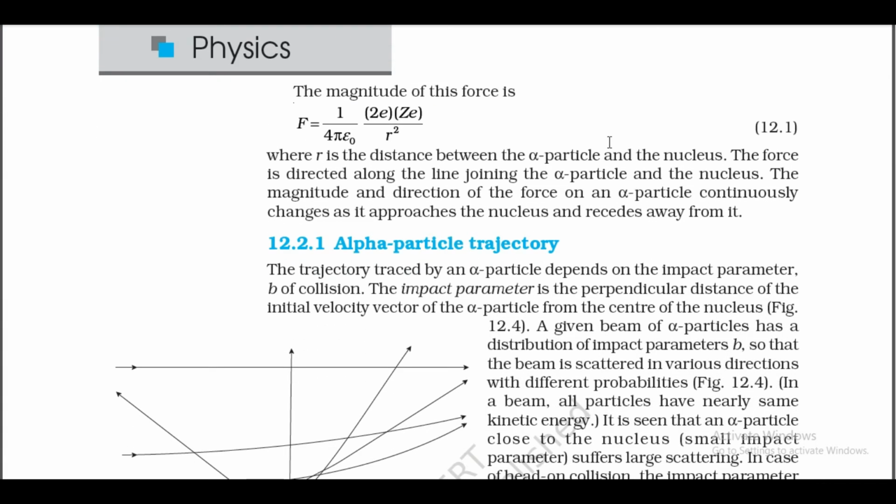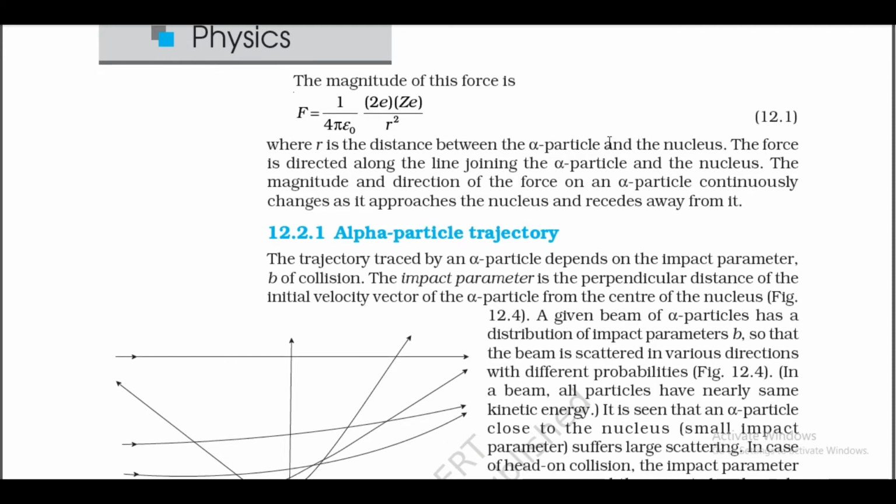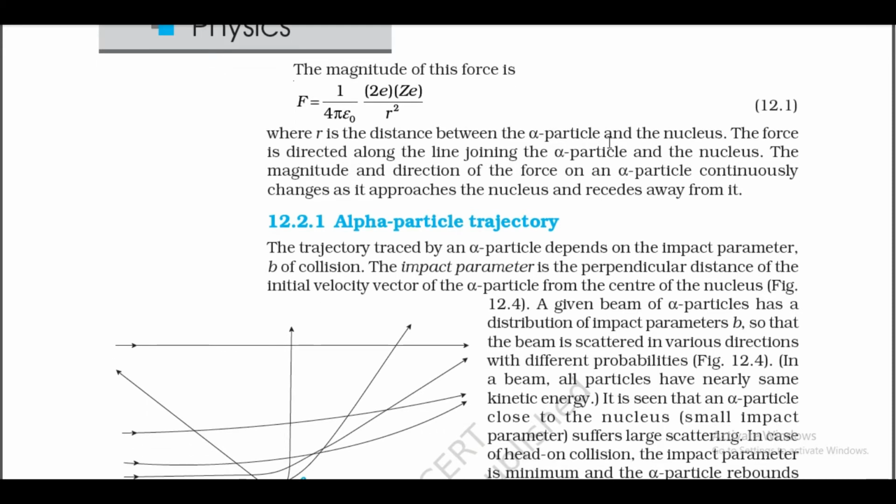12.2.1 Alpha particle trajectory. The trajectory traced by an alpha particle depends on the impact parameter b of collision. The impact parameter is the perpendicular distance of the initial velocity vector of the alpha particle from the center of the nucleus.